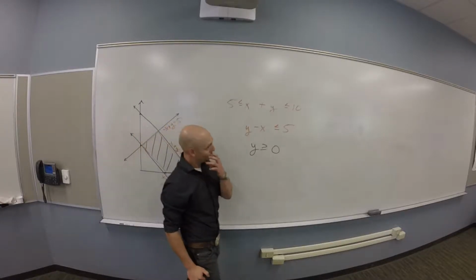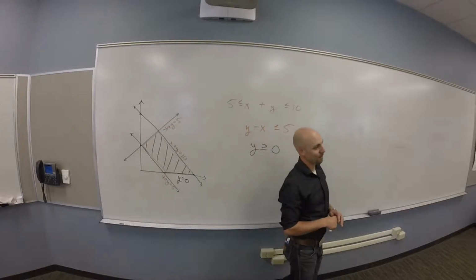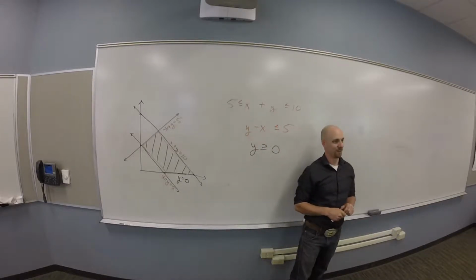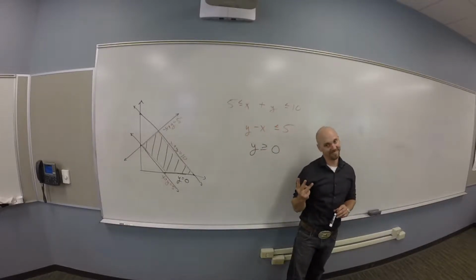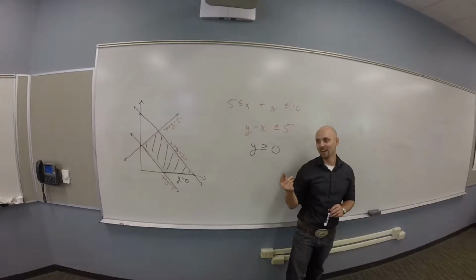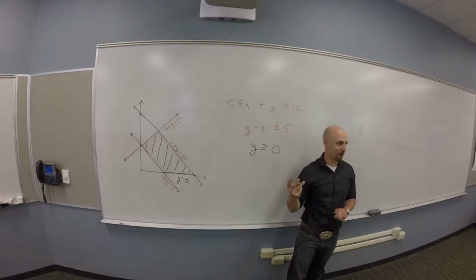All right, so how many variables do I need to come up with here? 2. So I need one dependent and 2 independent things. I need a response variable, right? And 2 explanatory variables.